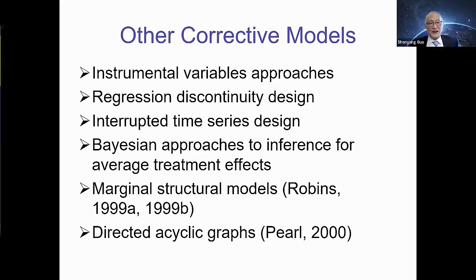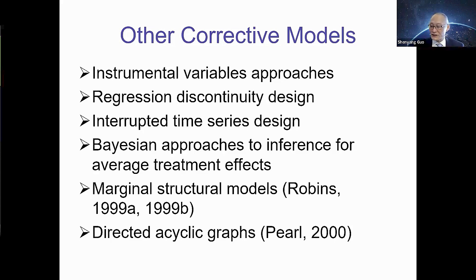Certainly, there are other methods available, such as those I listed in this slide. First, we have instrumental variables approaches. IV, the instrumental variable approach, is the second most popular method in economic analysis. Wooldridge made that statement: the first is regression, the second is IV.